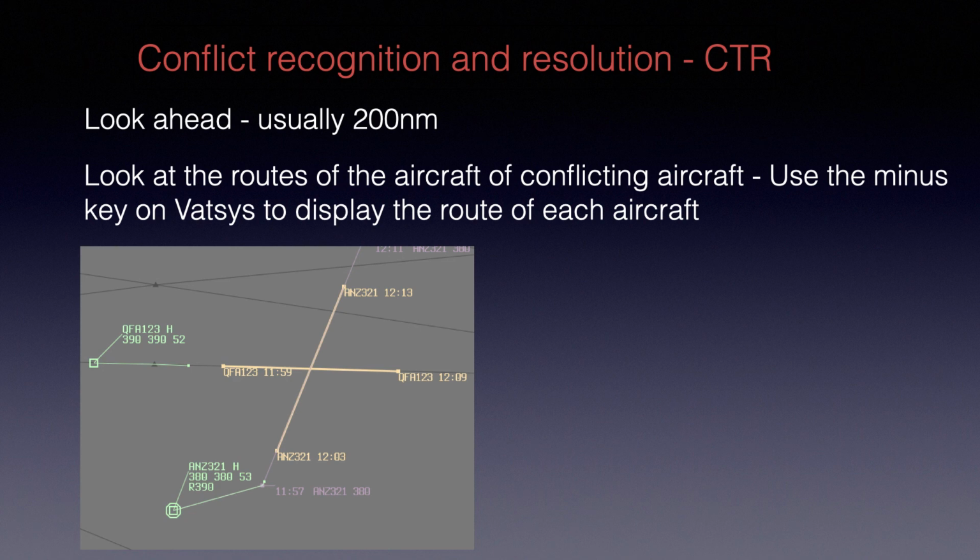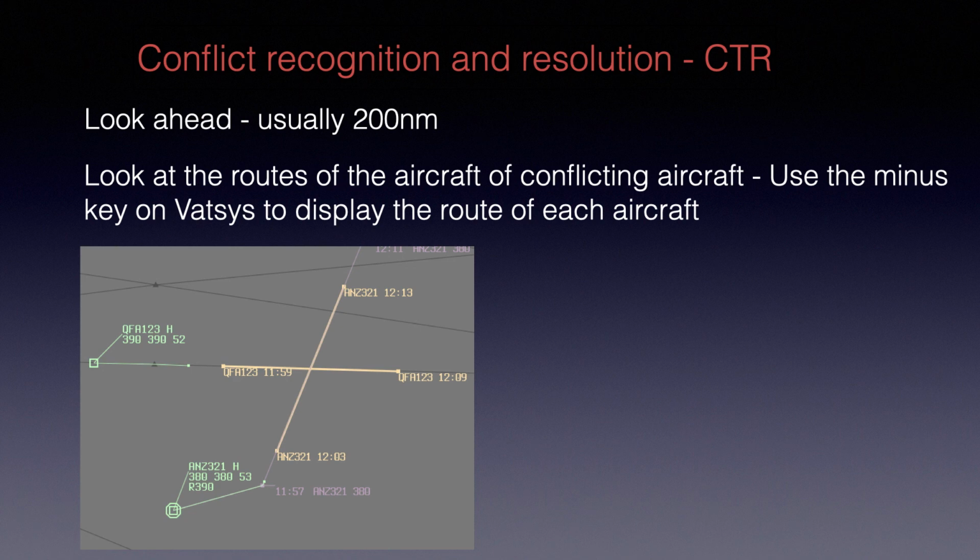And you've got Qantas 123, going across his track. You can see that purpley text there, 1157 ANZ. That's just highlighting the aircraft and hitting the route map. So you can see he's travelling in a northerly direction, and Qantas 123 is flying in an easterly direction.